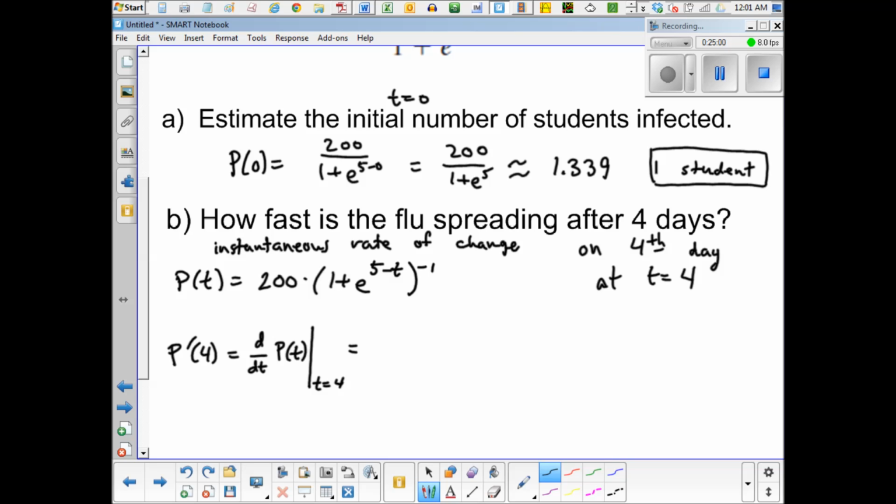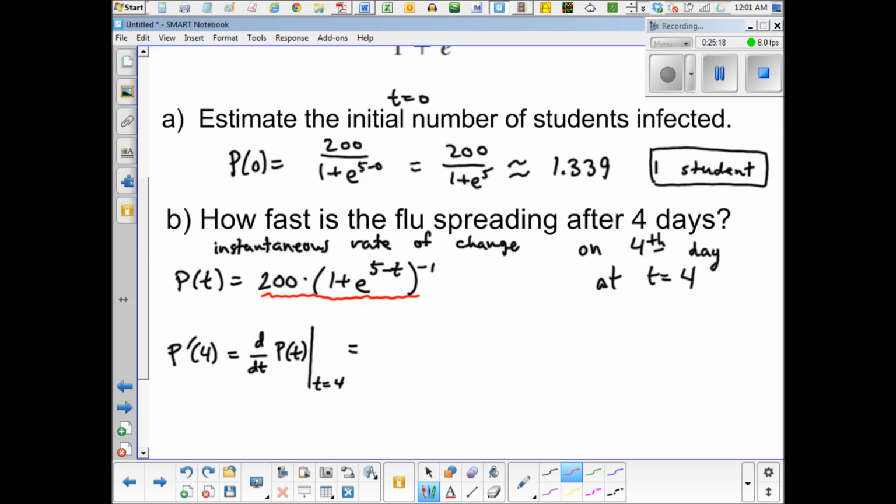This allows me to apply the chain rule directly to it. Okay, so we'll start off by treating it as 200 times something. So we can just leave the 200 there in the front. And it's 200 times something to the minus 1.